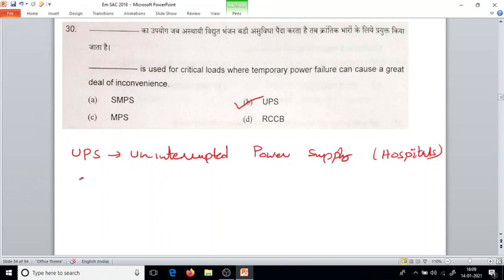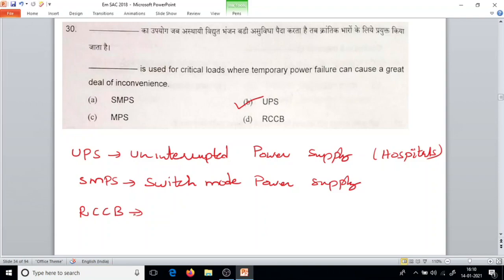What is SMPS? SMPS is switch mode power supply. To make the power supply lightweight, compact, and give more efficient power conversion, we use SMPS. Then one more is there, RCCB. What is this RCCB?